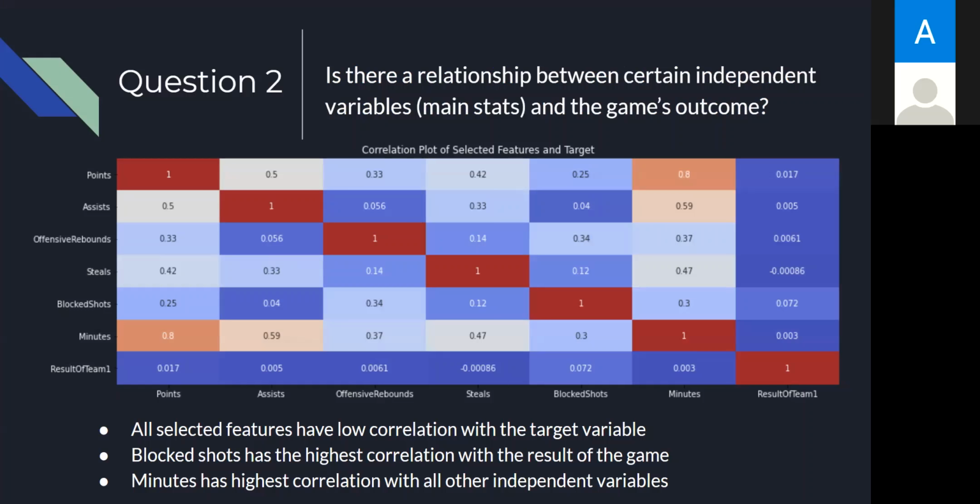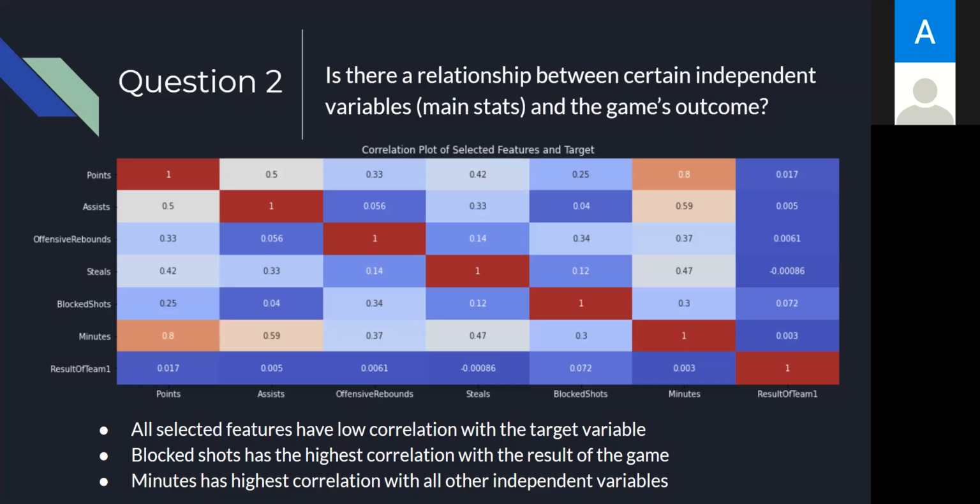So this correlation heat map shows all the selected statistics that we thought were most important to a game, things like assists, steals, rebounds, etc. And we noticed that all the selected features have very low correlation with the target variable, result of team one. Blocked shots, interestingly, had the highest correlation with the result of the game. However, this was still only 0.072.